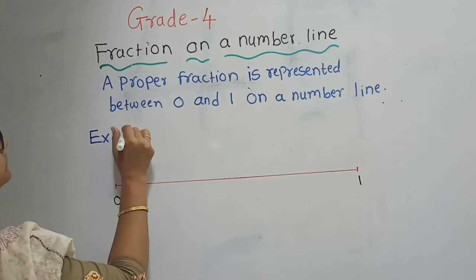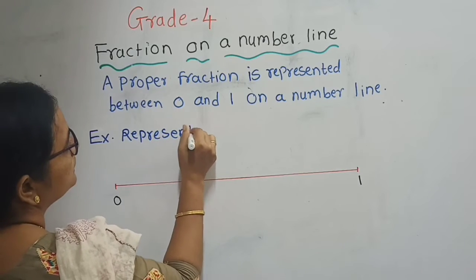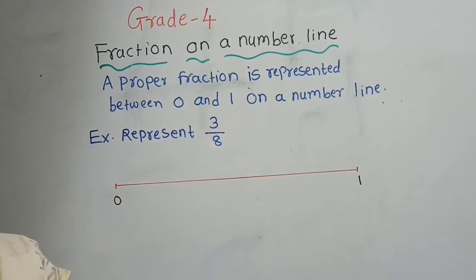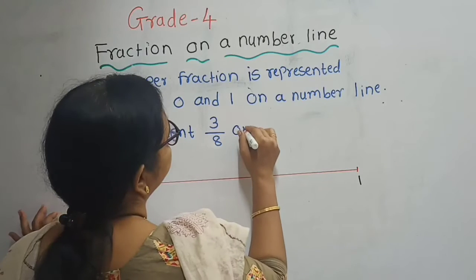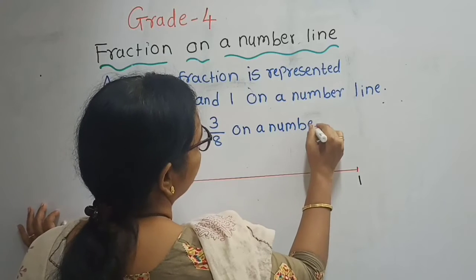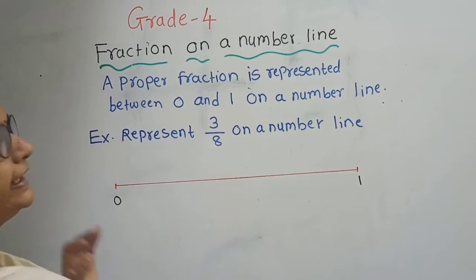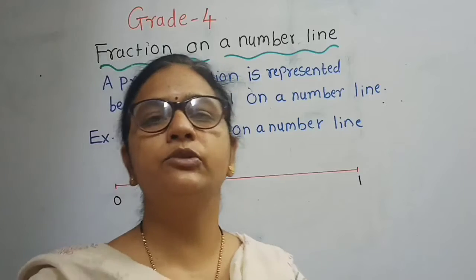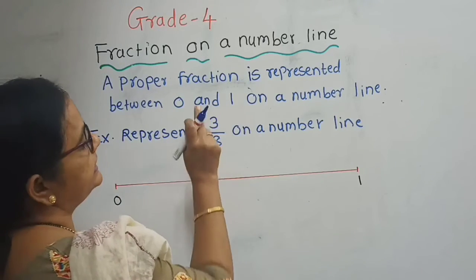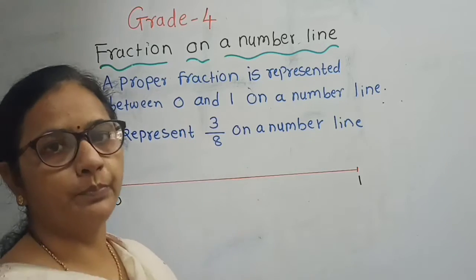Represent 3/8 on a number line. See children, 3/8 is a proper fraction, and you know proper fraction means if the numerator is less than the denominator, then it is a proper fraction.